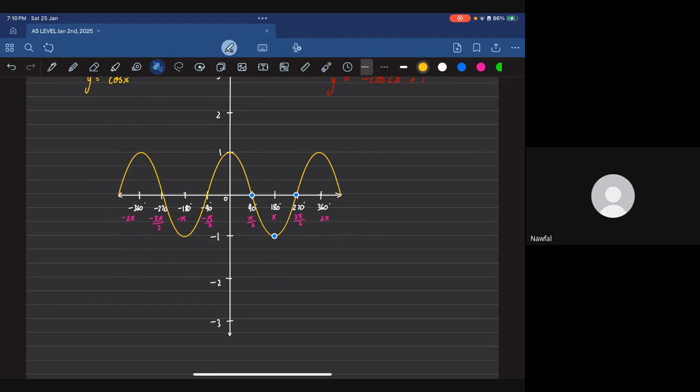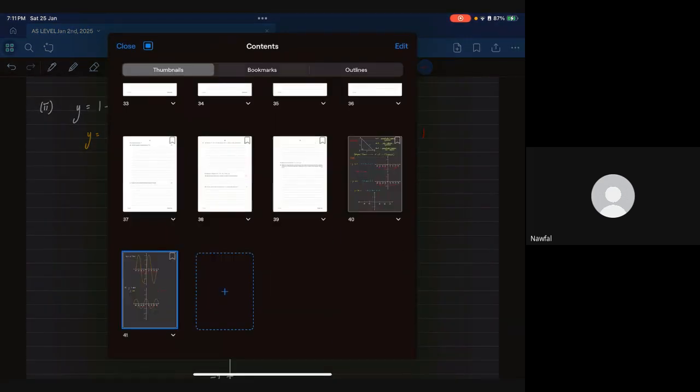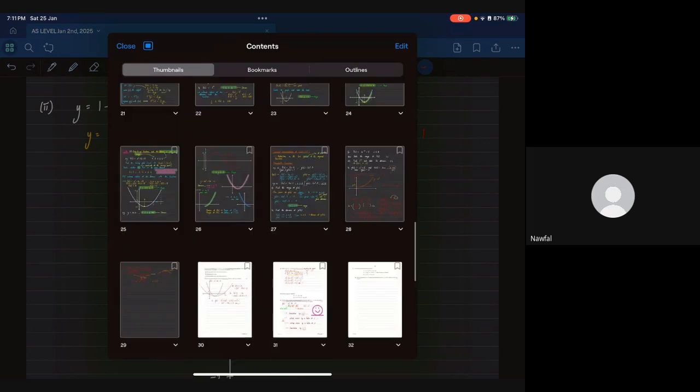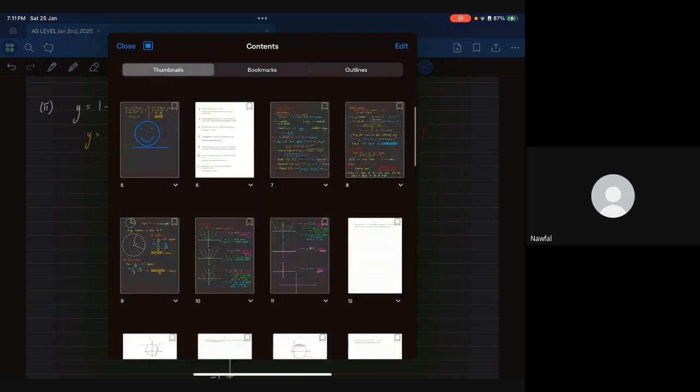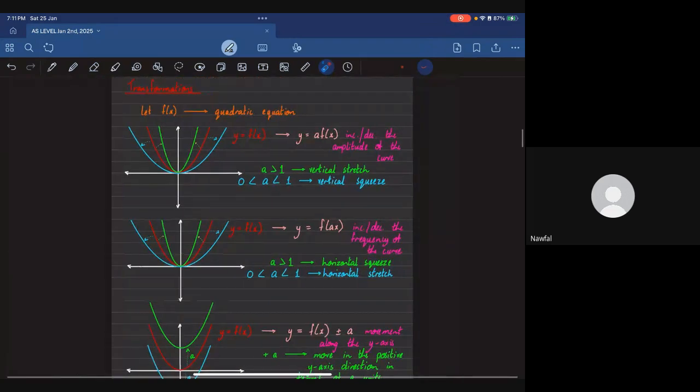Now, the graph you want to draw says minus first of all, and it also says 2x. That means something is multiplying with x. If you remember when we did transformations, I told you that if something is multiplying with x alone, it increases or decreases the frequency of the curve.